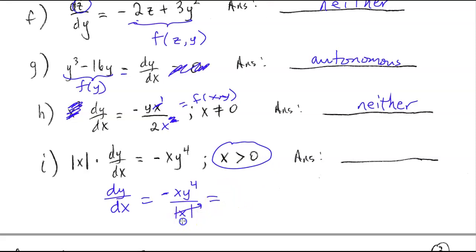And this x and that x will reduce to 1. It'll just end up being negative y to the 4, which is just a function of y. So dy over dx is equal to f of y. That ends up being autonomous.